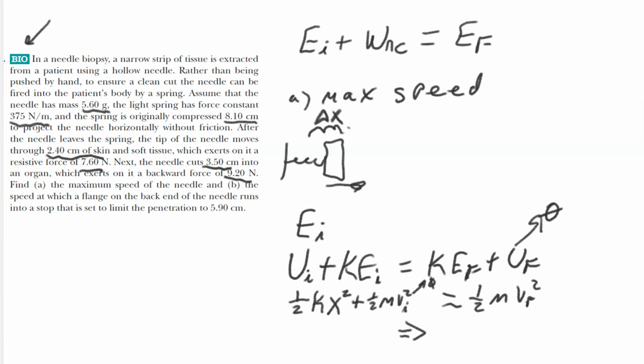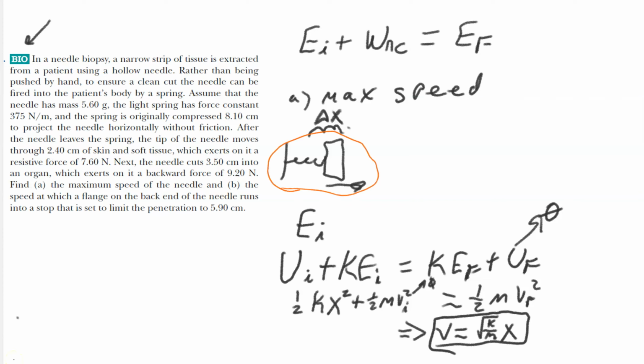And so we can conclude from this that the velocity is the square root of k over m times x. That's the maximum velocity. So that's part A. Really, really straightforward. Okay, so we move on to part B.